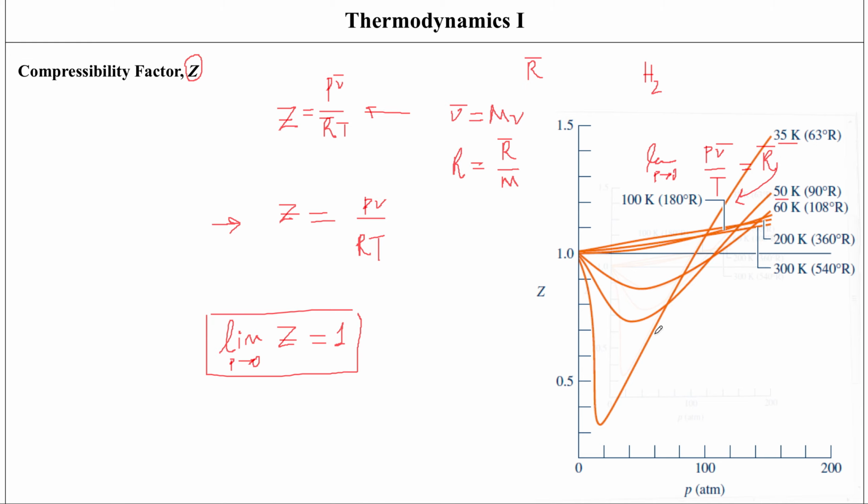What we see is that as we move towards the left-hand side on this graph, the compressibility factor value reaches 1 as the pressure becomes 0 over here. Okay. So this is just a chart that gives us the compressibility factor for hydrogen versus pressure at different specified temperatures. And now similar charts like this have been prepared for other gases as well, different gases.